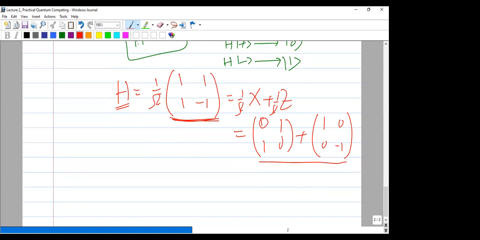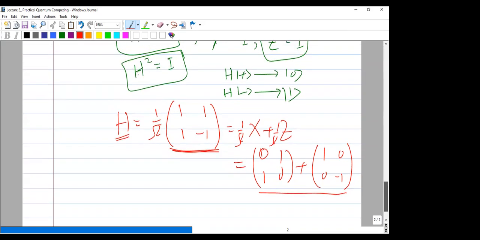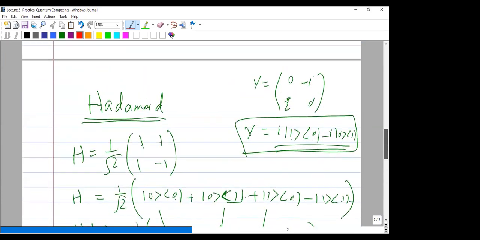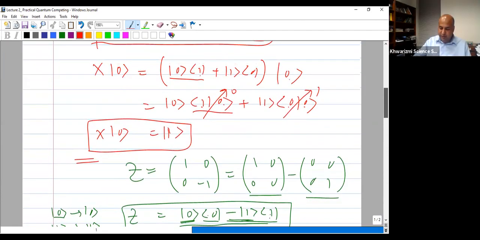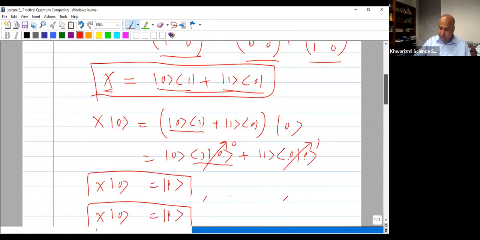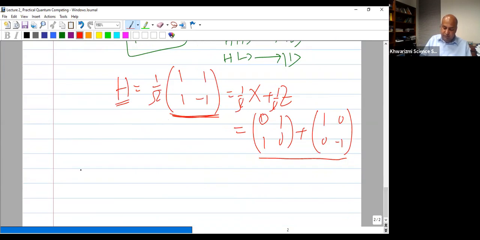So is there a formal method to calculate this? Because if I want to find the superposition combination of, for example, the S gate or T gate, do I have to use the hit and trial method, or is there a defined method? No, you can have a systematic way. Take some unitary equal to a X plus b Y plus c Z plus d I. You put your unitary here, and X, Y, Z, I are known.